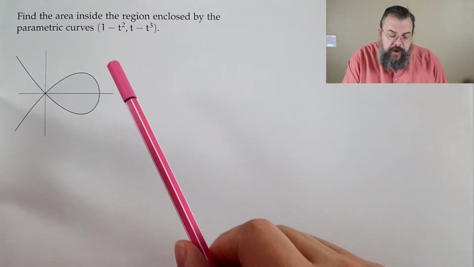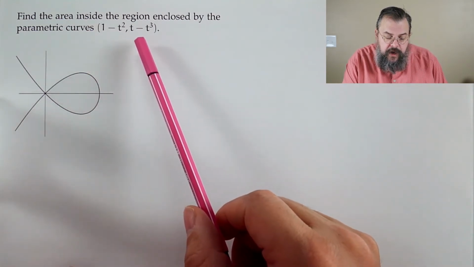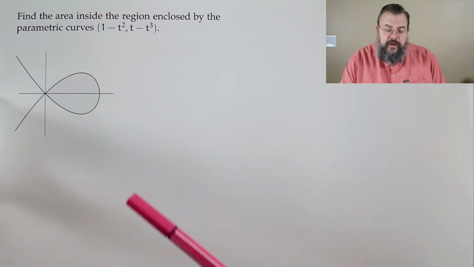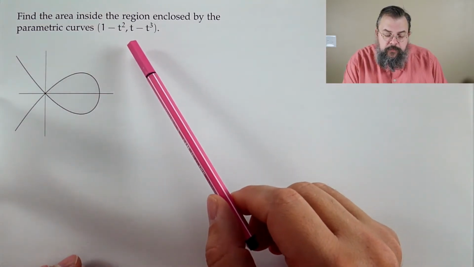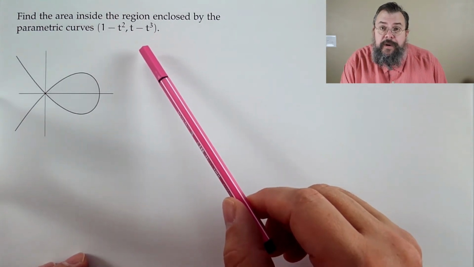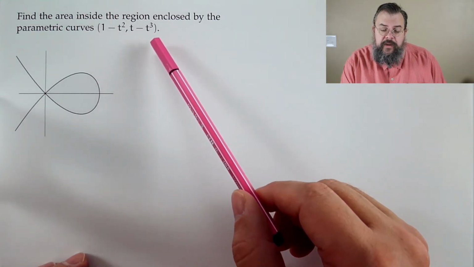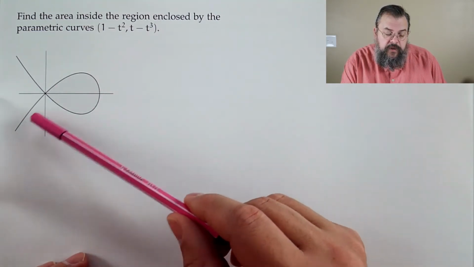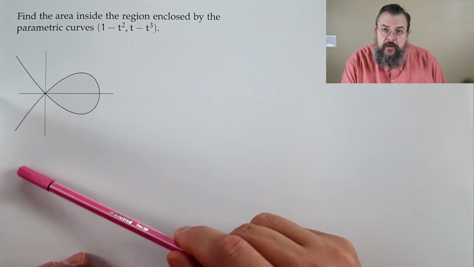Well, let's think about our y values, because in essence, the up-down seems to be the driver. If I plug in a large number, the t versus t cubed is going to dominate, which means that for large values, I'm going to be negative. That means as time goes on, I'm going to be down here.